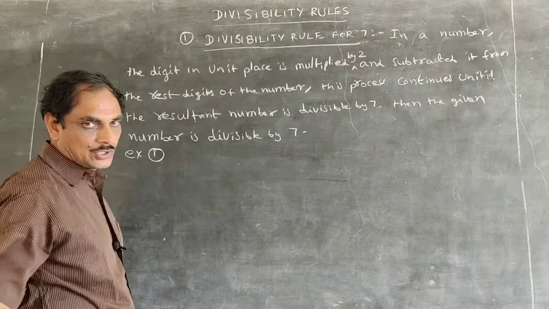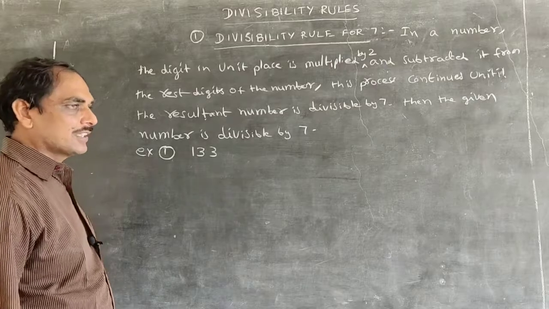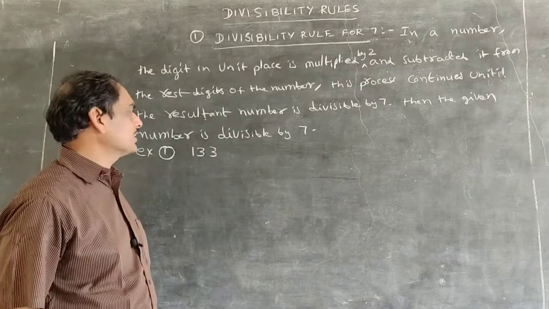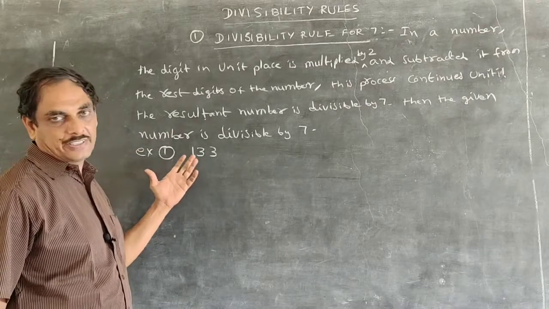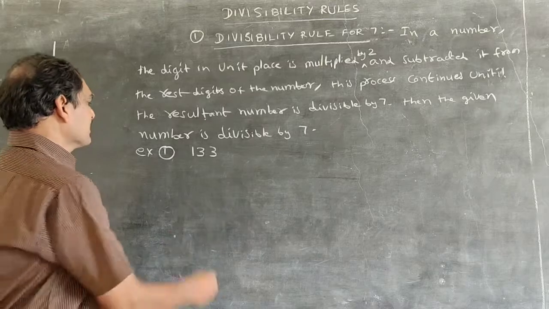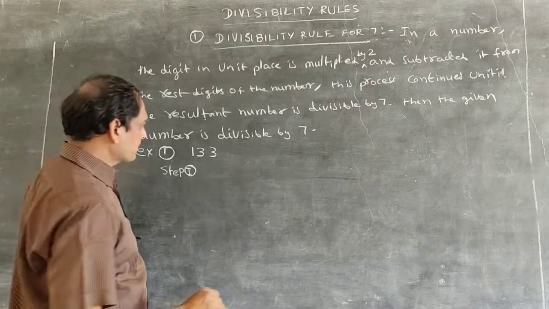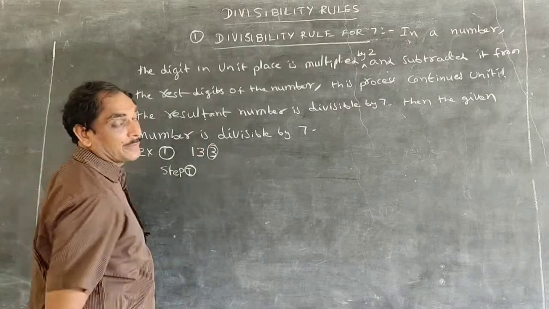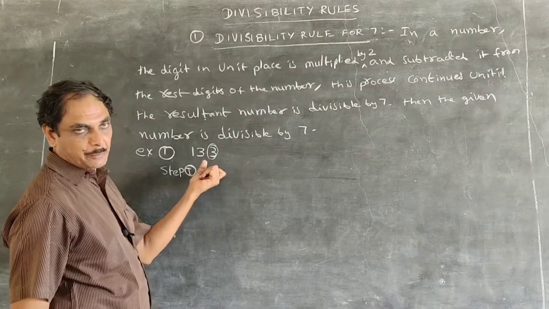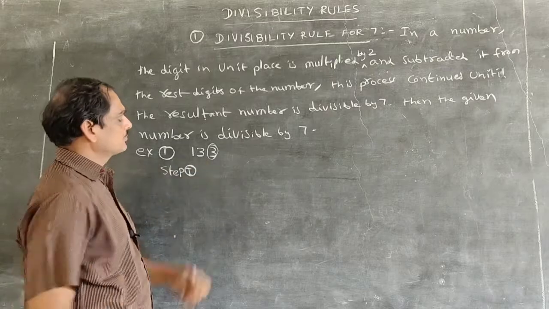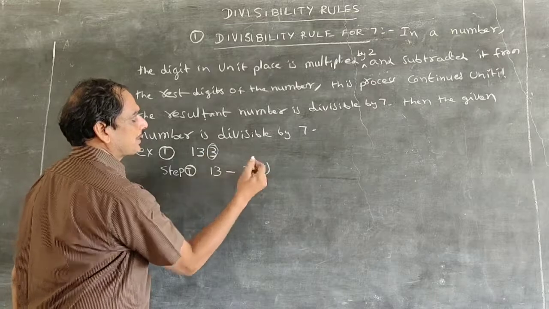Example 1: 133. When we divide 133, we can easily say whether it is divisible by 7 or not. But we use the rule to check. In the first step, we multiply the unit digit by 2 and subtract it from the rest digits of the number. So 13 minus 2 into 3.